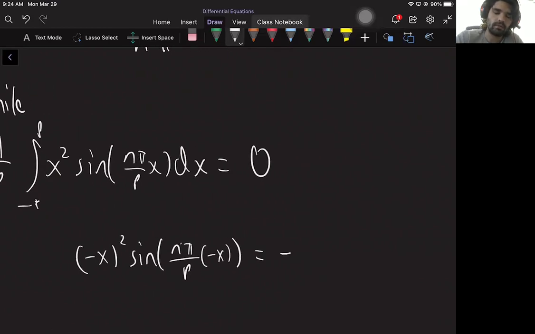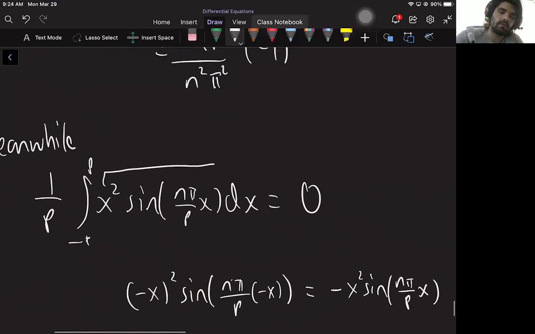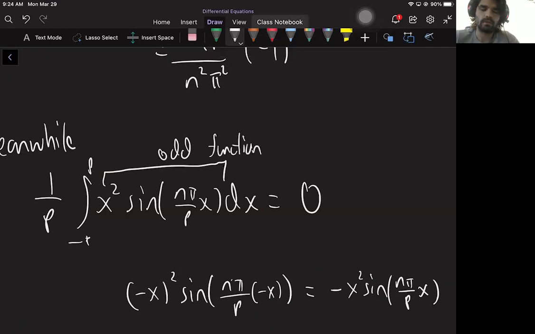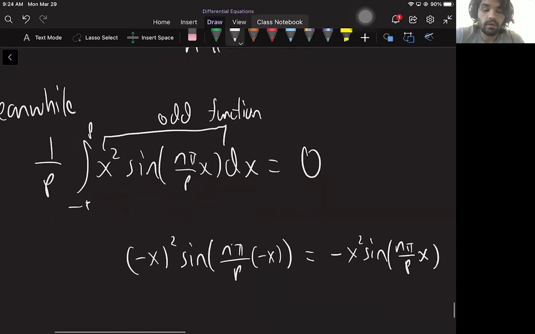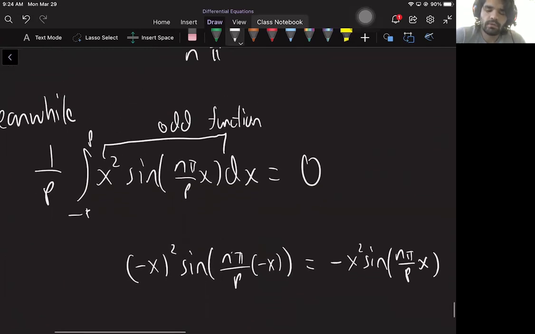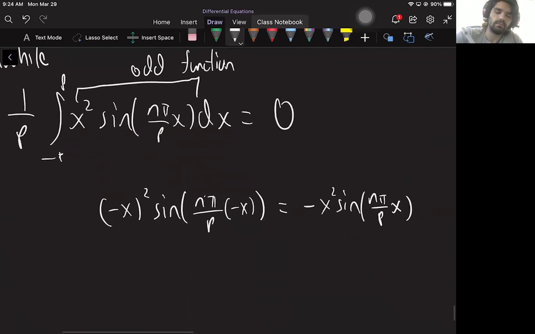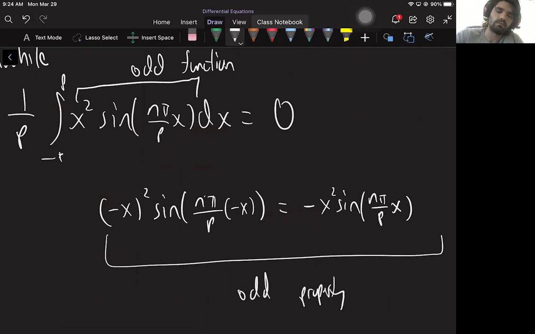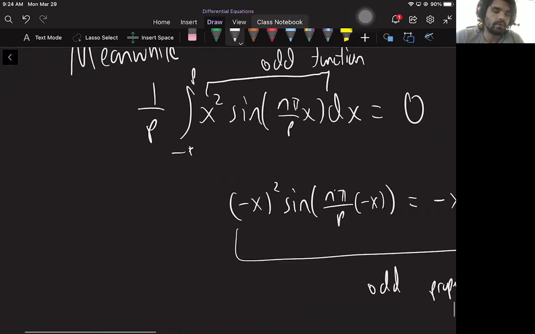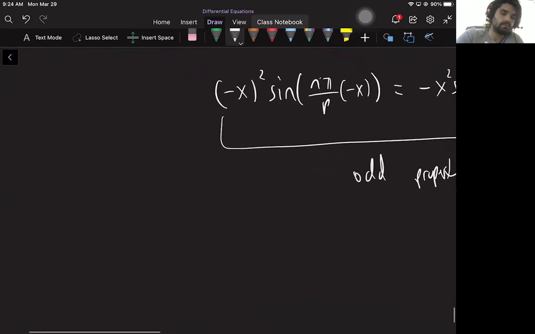So I get a negative coming out, which shows that the whole thing is an odd function, because x squared is even and sine is odd. And so I'm integrating an odd function over a symmetric amount. So the positive and negative areas will cancel to 0. So this is again showing the odd property. Okay, so then we're just about done.